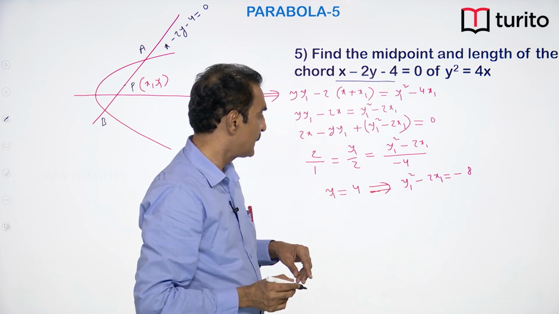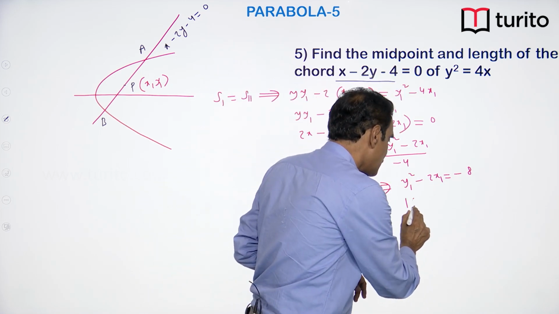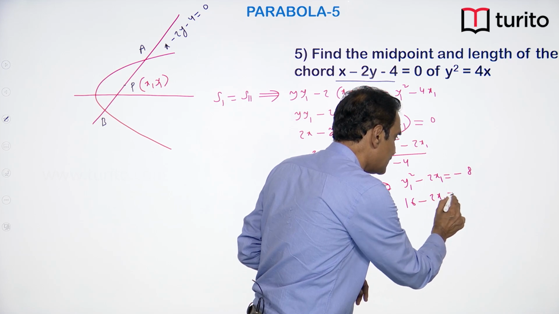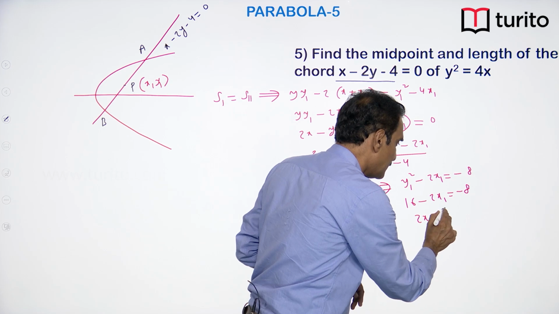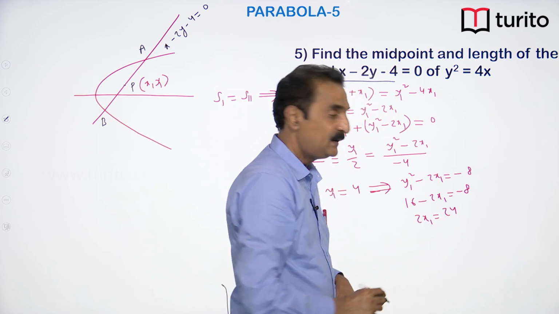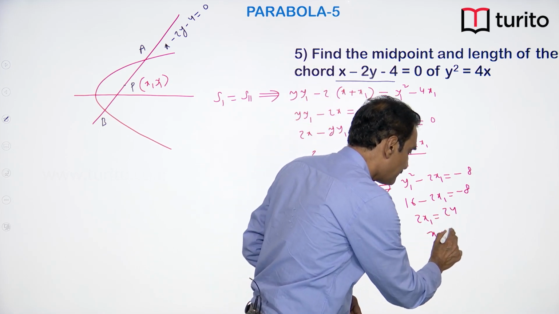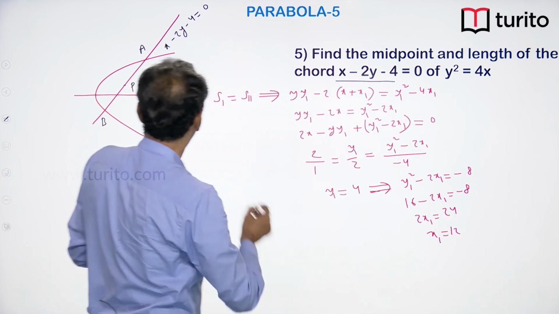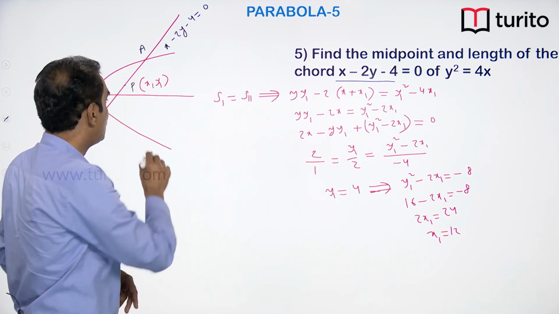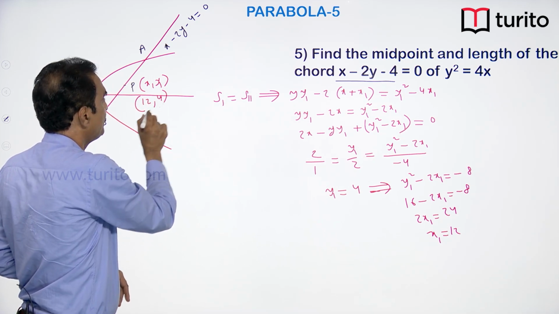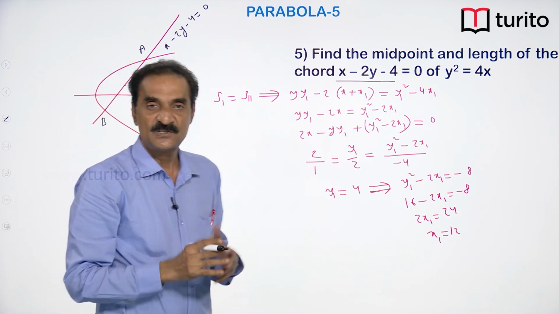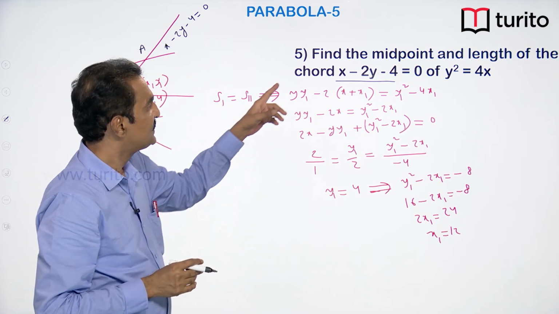Substitute y1 here, 16 minus 2x1 is equal to minus 8. So 2x1 is equal to 24, x1 is equal to 12. So the coordinates of the midpoint are (12, 4). First part is over. Now second part.